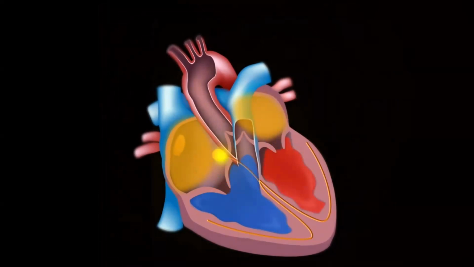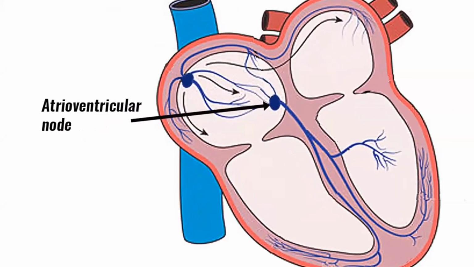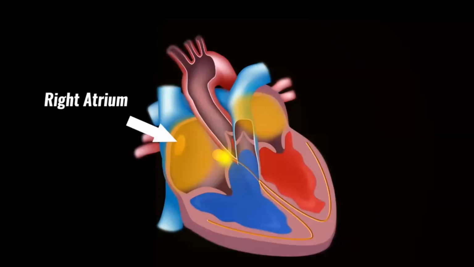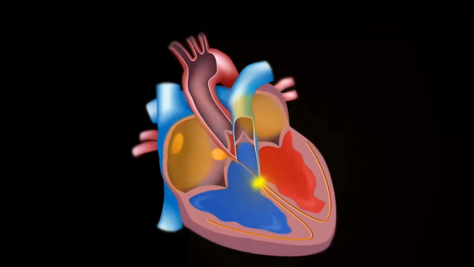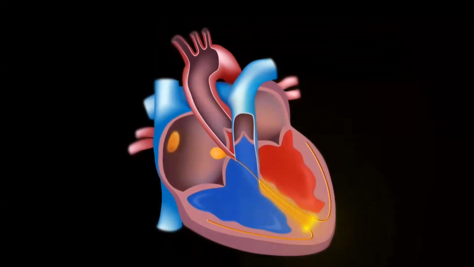Eventually, the impulse reaches the atrioventricular node, or AV node. This is another specialized mass of tissue that electrically connects the right atrium and right ventricle. There is a slight delay as the impulse passes through the AV node to allow time for the atria to fully contract and fill the ventricles. The nerve impulse is then passed from the AV node down the septum.